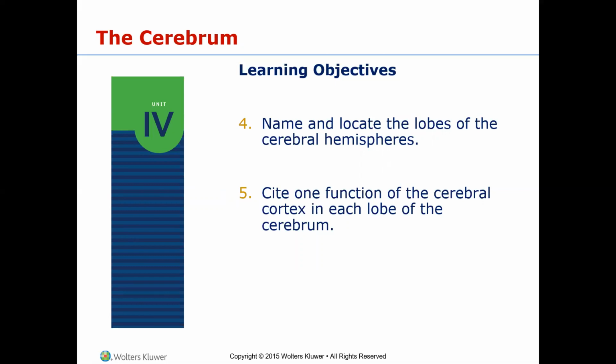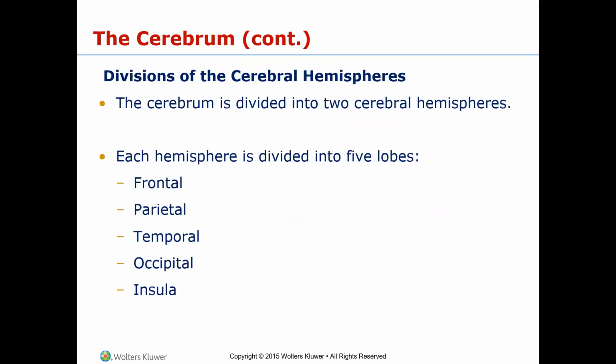There are 4 lobes. So when we divide the two cerebral hemispheres, the right and left, which again are joined together by that corpus callosum, which is down deep inside of the cerebral hemispheres. Those cerebral hemispheres are then subdivided into 5 lobes.